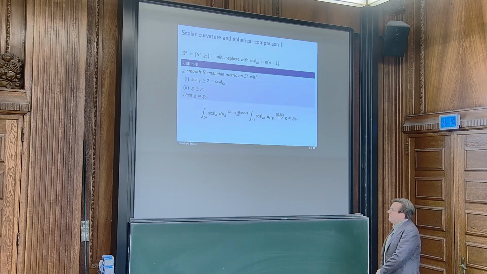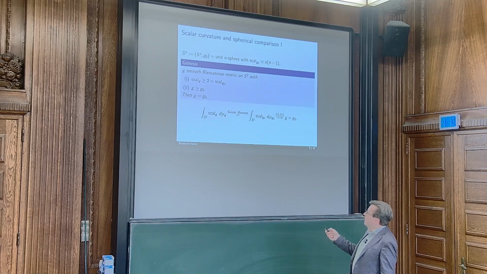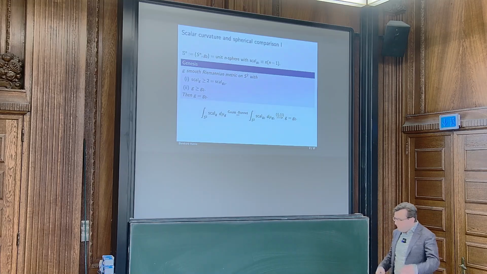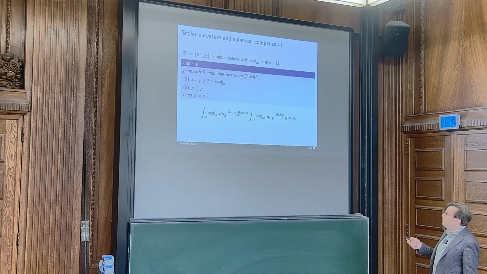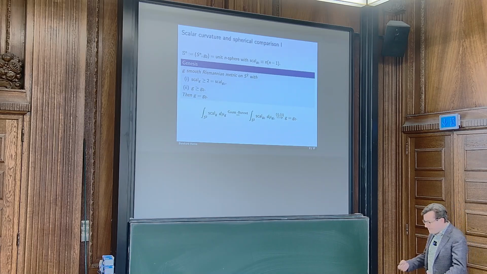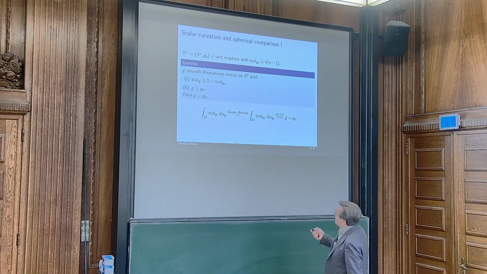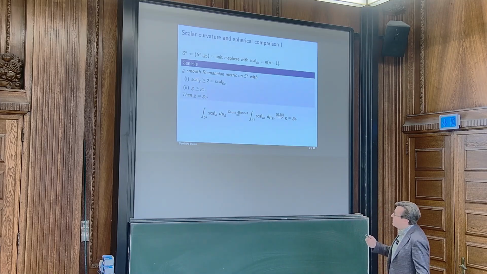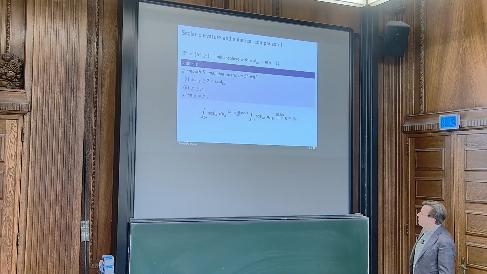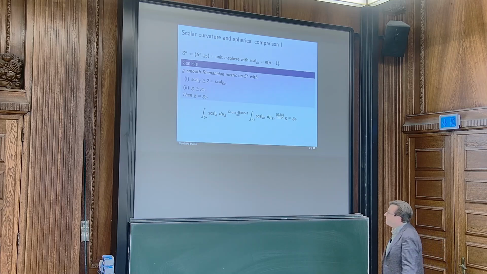This indicates that somehow these two quantities work against each other. You cannot increase both the scalar curvature and the metric at the same time, unless the metrics are already equal. So there is no possibility as here. It's really a rigidity statement in this respect.